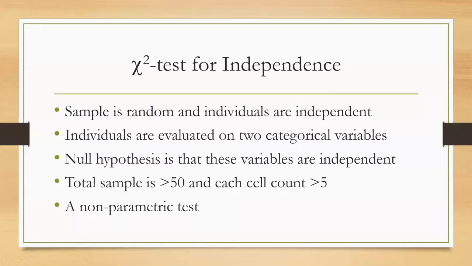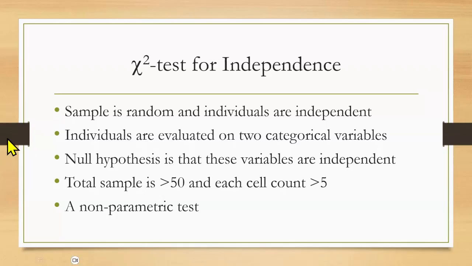All right, so our topic today is the chi-square test for independence. And we're going to assume that we've taken a sample, a single sample, from a population. The sample was randomly collected, and the individuals are independent from one another.